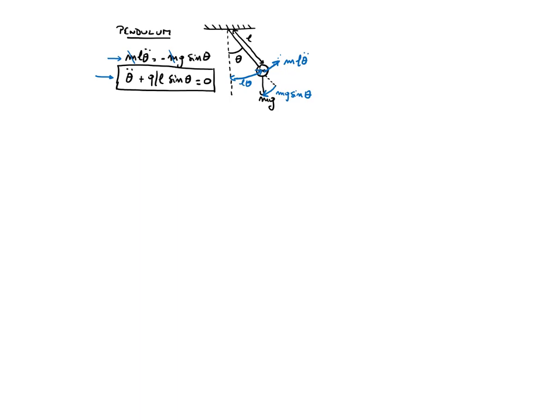So what we can do first is look at a non-linear state space description, right? So this means that we have to look at the state, and the state will be composed of theta, that's related to the potential energy, and theta dot, right?